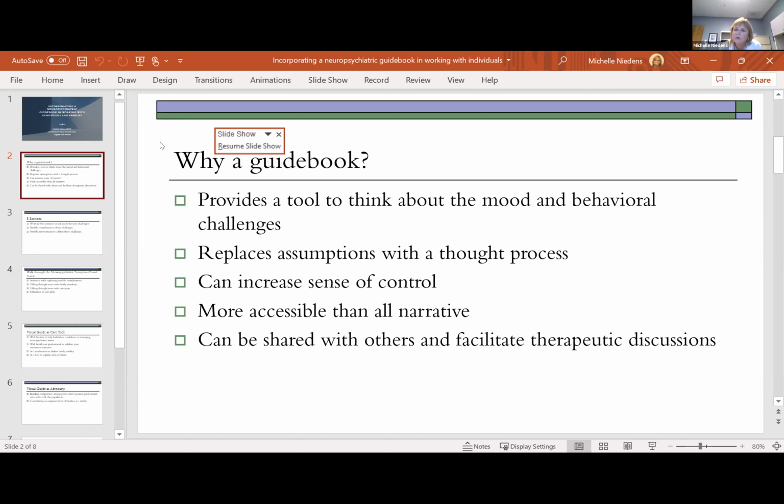It's more accessible, so the guide really looks at what I would consider simplistic. Here are some of the challenges, here are some of the reasons, and here are potential interventions. It's simplistic, it's not all narrative, which people don't read, and it's certainly not going to help families. And it can be shared with others and really facilitate therapeutic conversation.